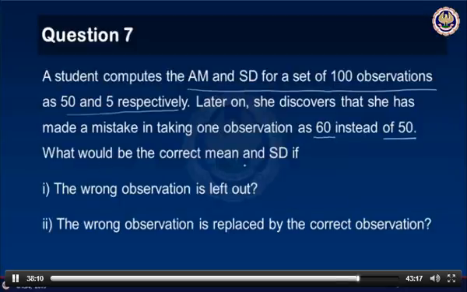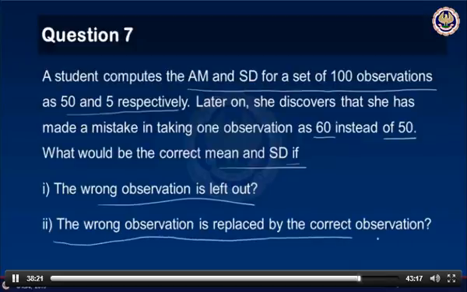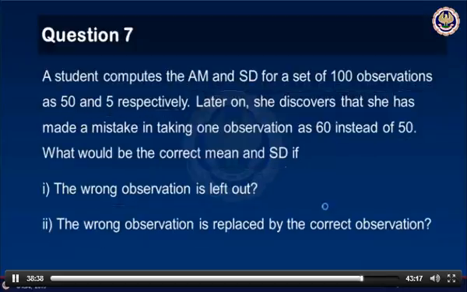What would be the correct mean and SD if the wrong observation is left out? And second, if the wrong observation is replaced by the corrected observation. We have to compute both cases.